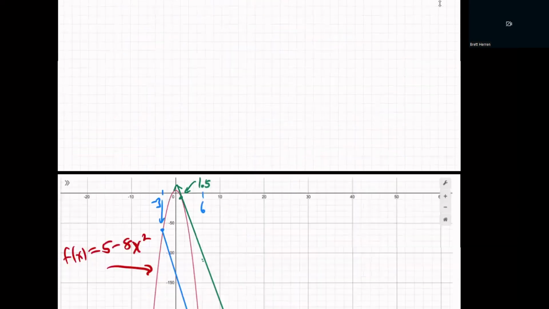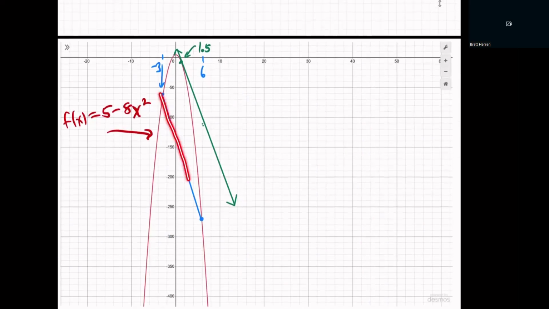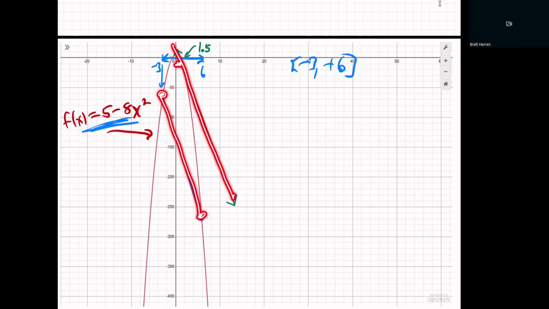Now, what did we just do? Let me show you the graph again. We said, here's the slope between those two points, from negative 3 to positive 6, the interval of this function. And we found that at x equals 1.5, the slope of the tangent line is equal. It has the same slope.